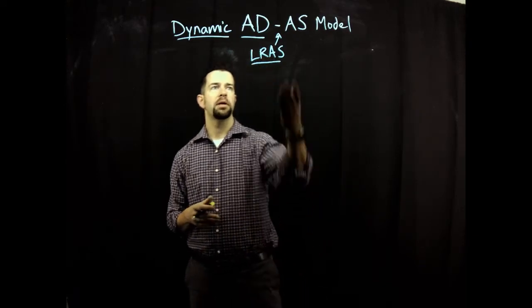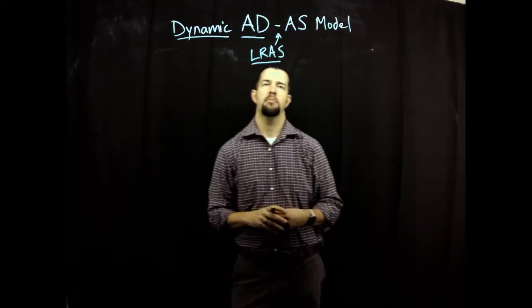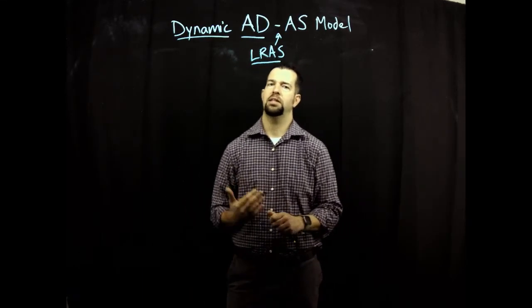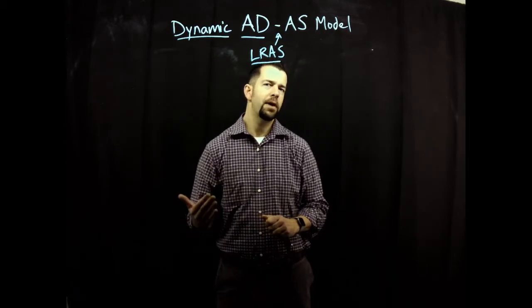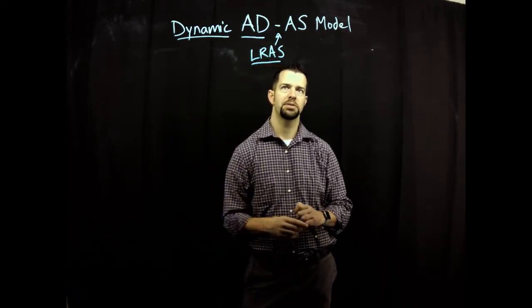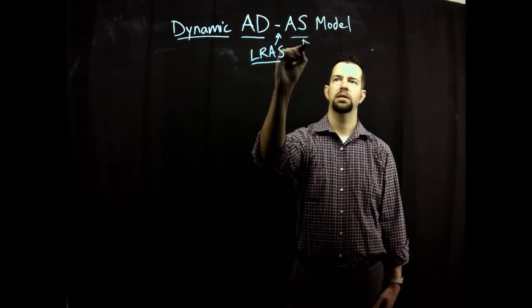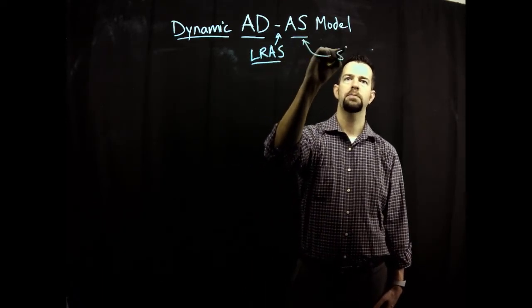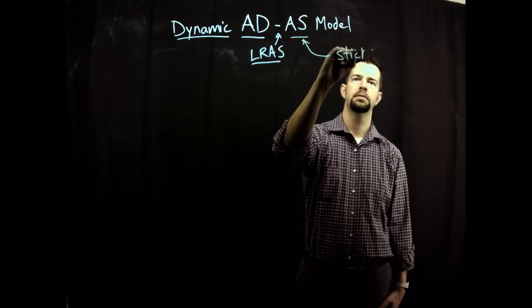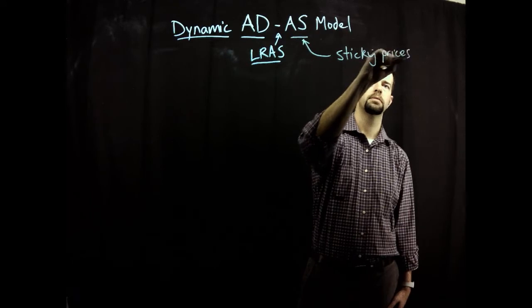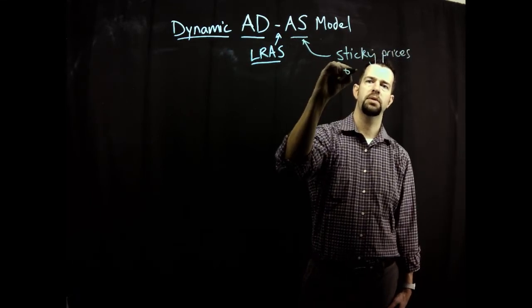Now we're going to talk about the aggregate supply model, which introduces a theory of sticky prices and sticky wages. So the main idea here is sticky prices and sticky wages.